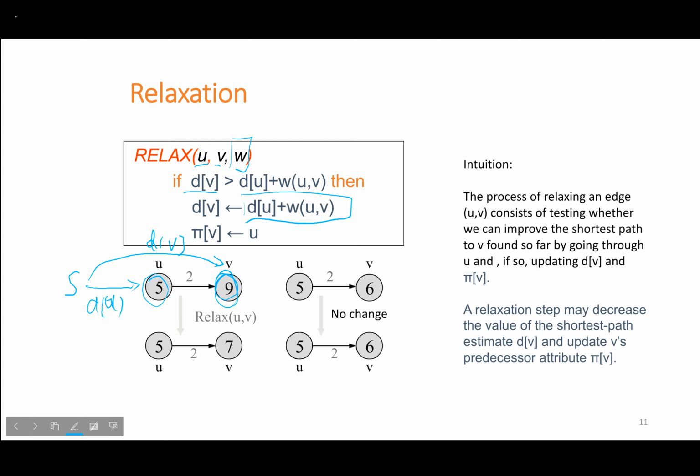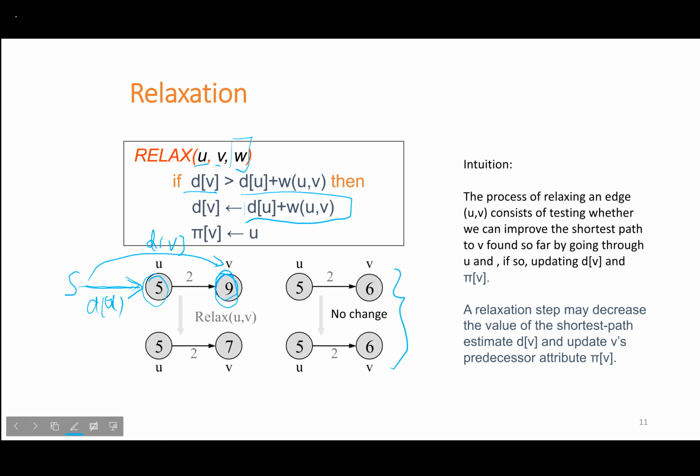Adding d[U] plus 2 gives a value smaller than this one, so the shortest path from S to V can be better if we go through U, right? If we have a shortest path from S to V going through U. So this is relaxation.